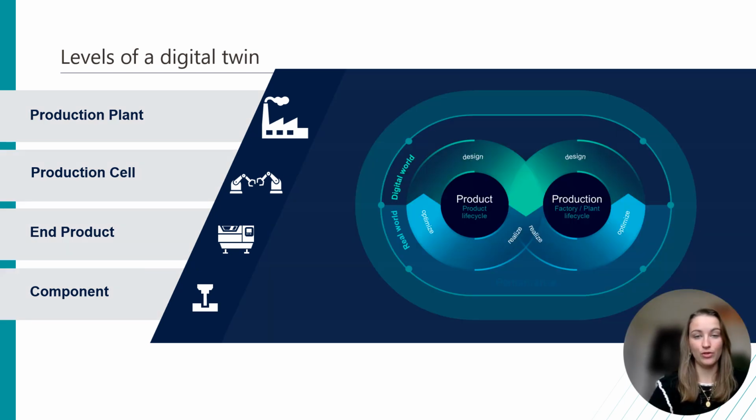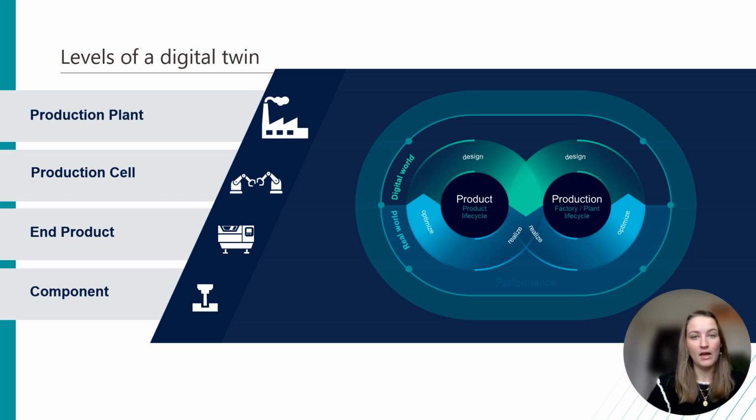So that's on the production plant level, including all the production cells, all the processes, or we can zoom in a bit and make a digital twin of your production cell. And a digital twin on the production cell is often a bit more detailed than a copy on the production plant level. So a production cell level digital twin contains all the movements, for example, that are happening in a production cell.